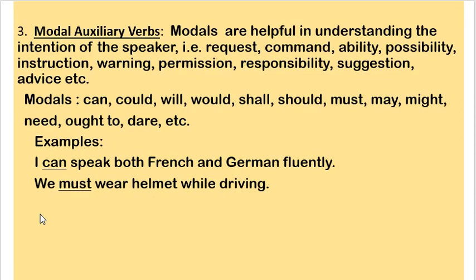We also have a third type of verbs which are known as modal auxiliary verbs. Auxiliary means helping verbs. So these are the verbs which are helpful in understanding the intention of the speaker. That is what the speaker tries to say, whether it is a request made by the speaker or it is a command or the person is talking about his ability or possibility, instruction, warning, permission, responsibility, suggestion, advice, and such intentions which are shown by the speaker.